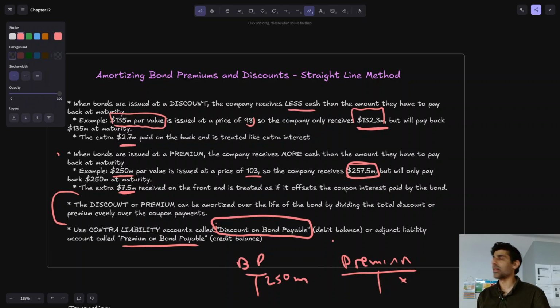They're both going to have credit balances. These both go together, bond payable and premium on bonds payable. We'll see why that is when we start doing the actual journal entries. But it's called an adjunct account, meaning that it's not an opposite balance. It's the same normal balance as the account it's buddies with.